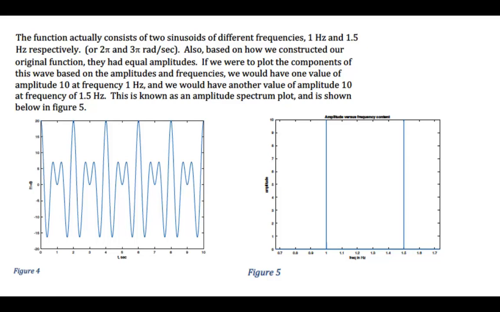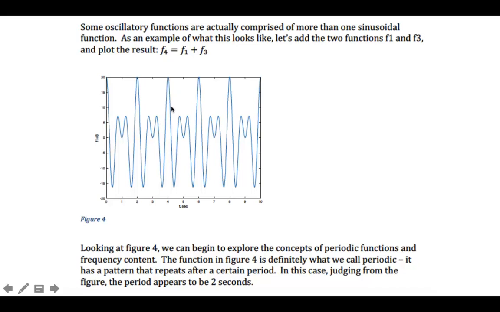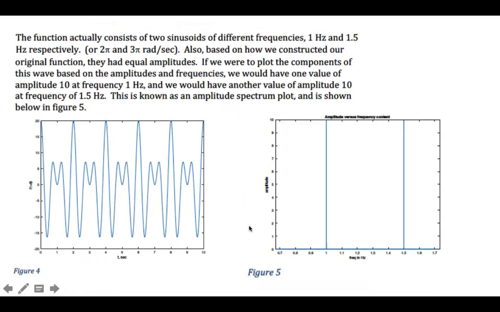Given that these were cosine functions only and that none was phase shifted, we could actually, from this graph, plot the original function. So we could know what the components were.